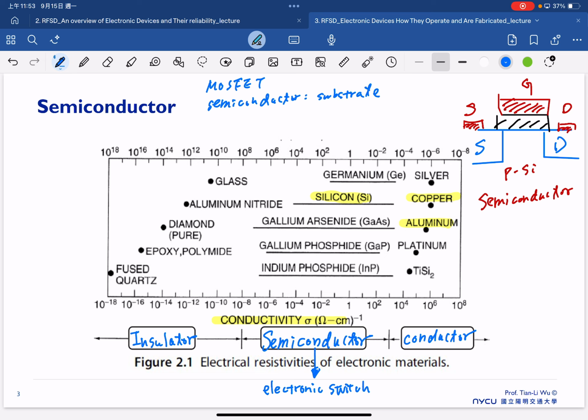But we also need a conductor, which is our gate, source, and drain metal. And we still need the insulator, which is our dielectric.